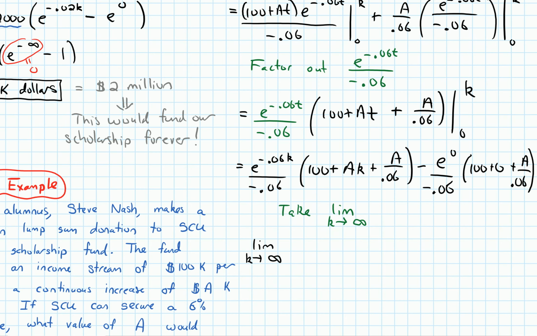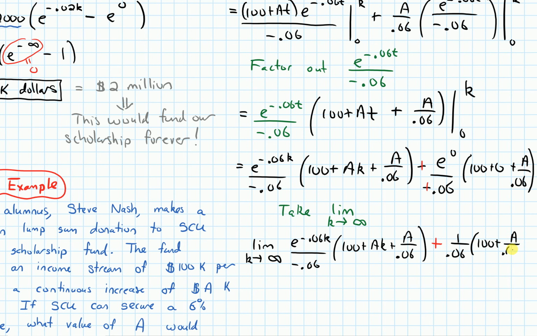The limit as k goes to infinity of e to the negative 0.06k over negative 0.06, and then times 100 plus ak plus a over 0.06. And then with the next term, the double negative is going to become a positive sign, and we are going to be left with 1 over 0.06 times 100 plus a over 0.06.